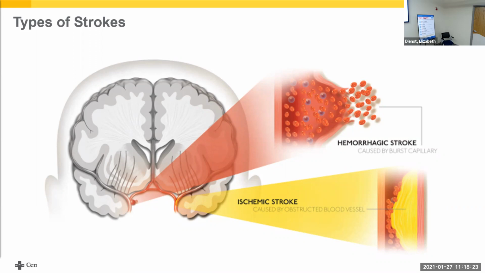And then we need to identify if they need to go for some type of burr hole or craniotomy. So they need to see a neurosurgeon very quickly. In the ischemic stroke, we need to know, are we going to give them TPA, or are they a candidate for thrombectomy, or both?